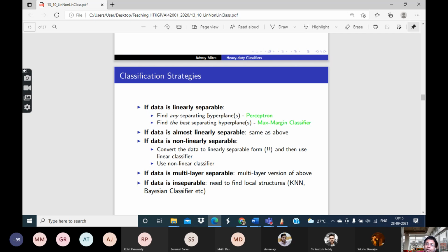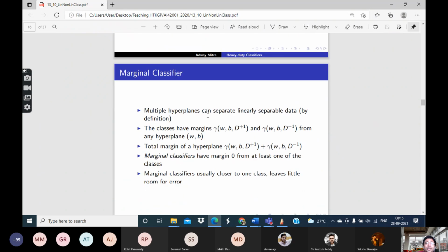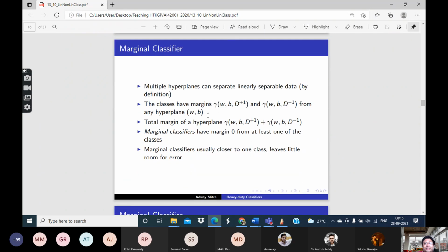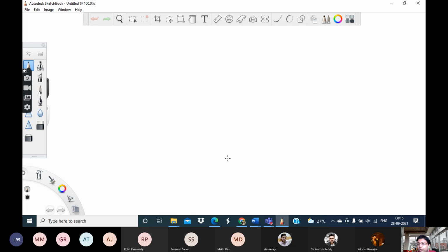The perceptron algorithm will give you any one of those hyperplanes, but that may not be the best one. So we may want to find the best separating hyperplane between the two classes. And as soon as I say that, the question arises, what do I mean by best? Why do I say that one hyperplane classifier is better than another? To understand that, we have to understand the notion of the margin.